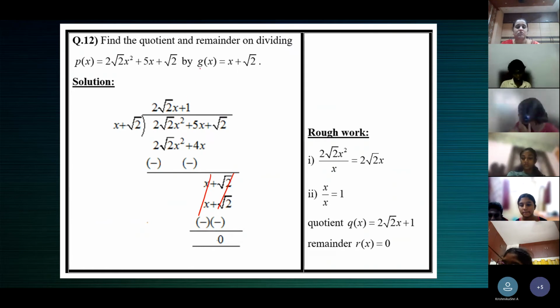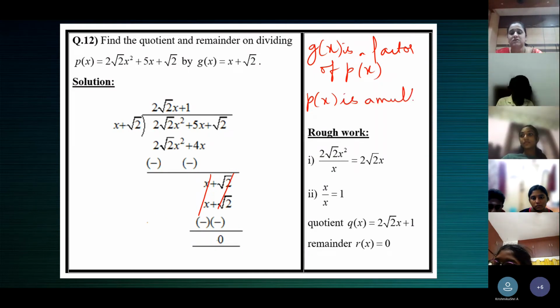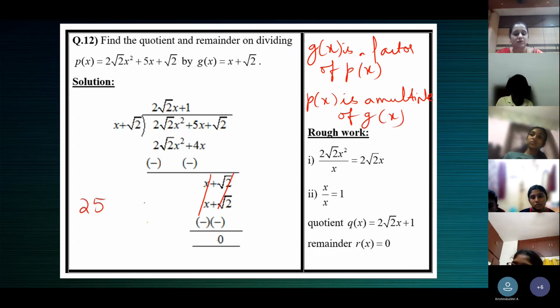So we can conclude that since the remainder is 0, g of x is a factor of p of x. Or you can say that p of x is a multiple of g of x. Like you say, 25 is a multiple of 5. 5 is a factor of 25.